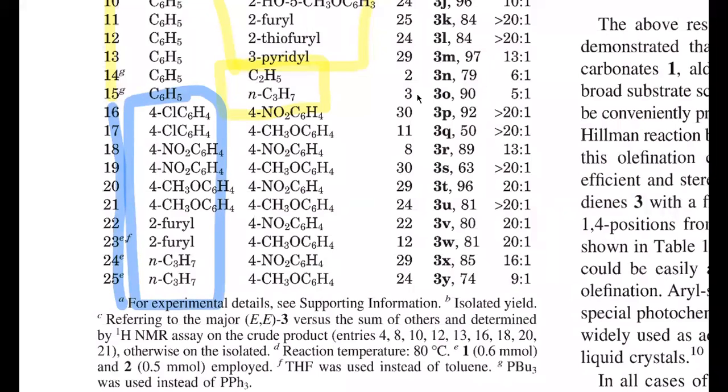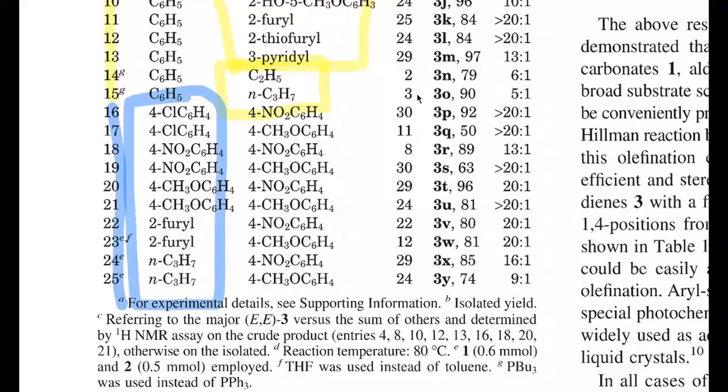Again, you're testing the electronics. The nitro group is electron withdrawing, so that's going to be electron poor. The chlorine and the methoxy on an aromatic ring are both donors. We talked about that before, right? With the aromatics, how the chlorine is a donor, and then the nitro group or any type of electron withdrawing group is going to be an acceptor when you attach it to that aromatic ring.